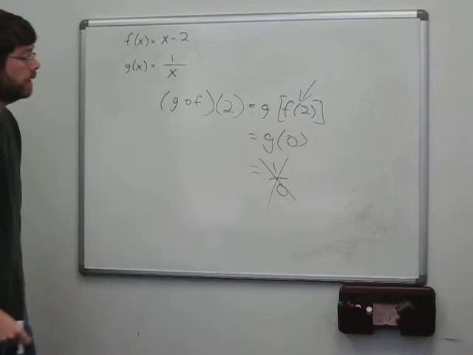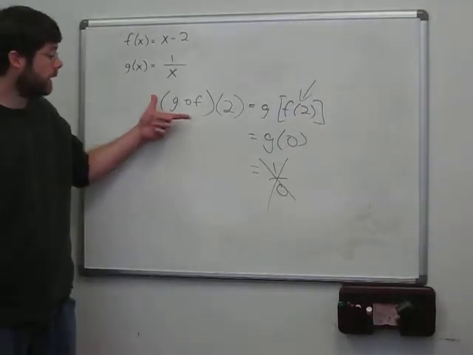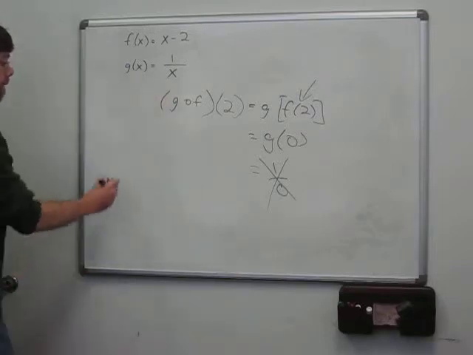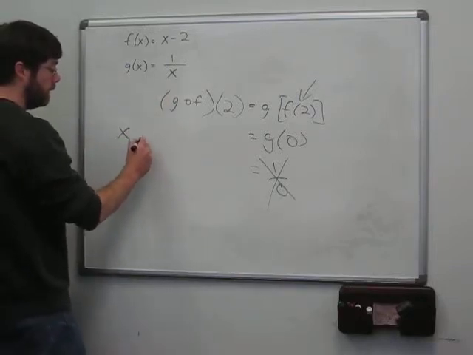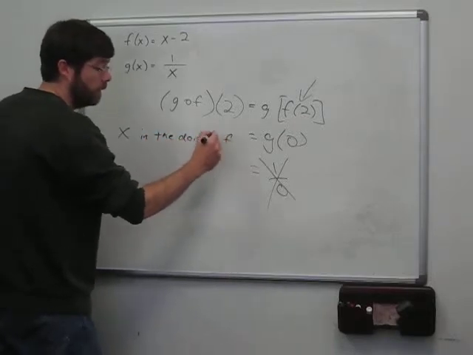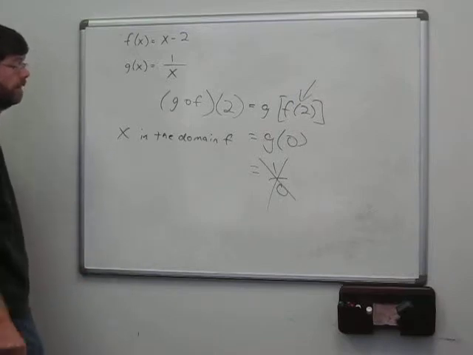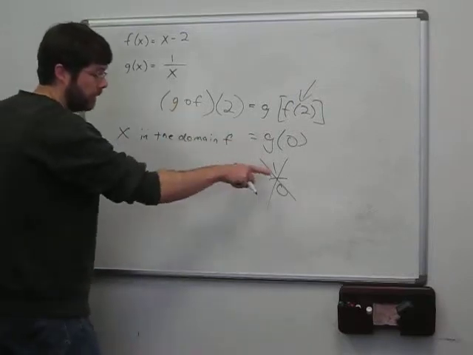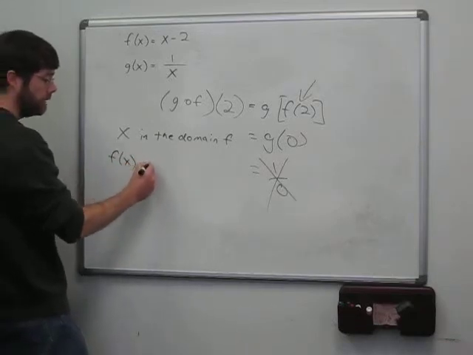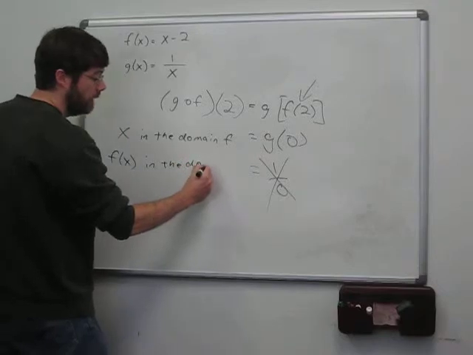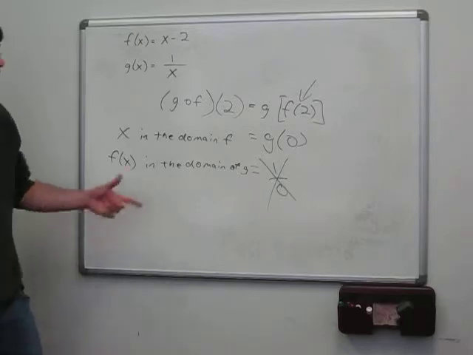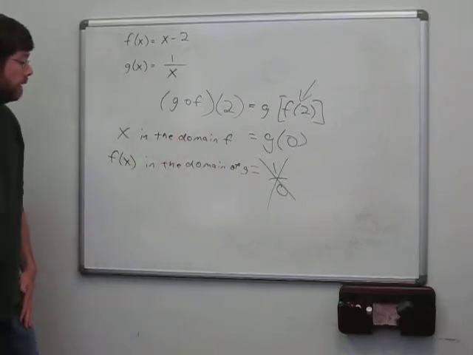And that is our second requirement for the domain of the composition of two functions, right? x must be in the domain of f. We learned that from the first video. This example is telling us that f of x must be in the domain of g, right? It is a two-step consideration.